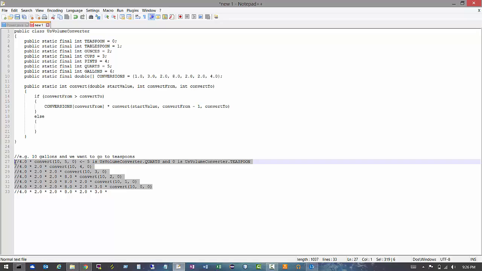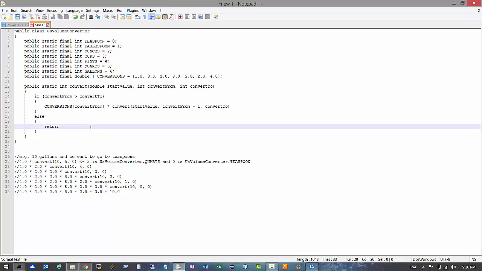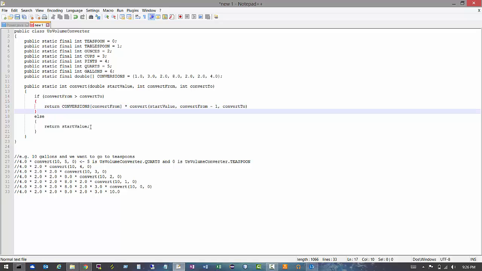Again, we're working backwards. So when we work backwards, the starting number is what we're going to want here. So we get that by doing return start value. And this right here was a return.